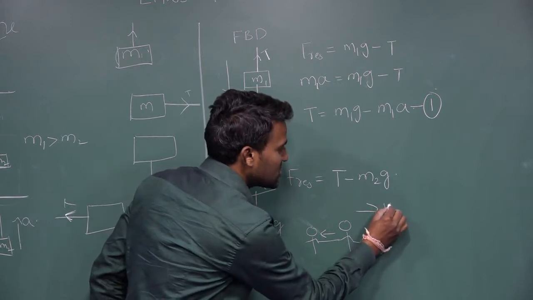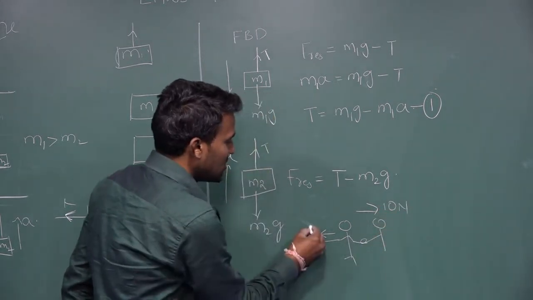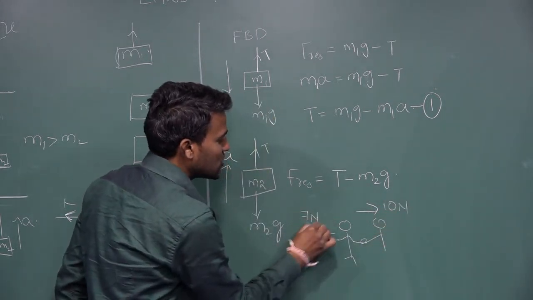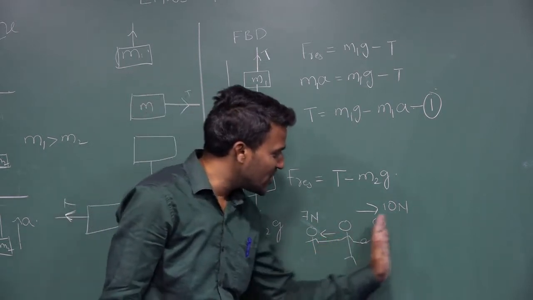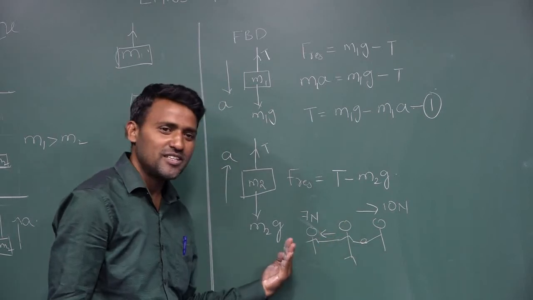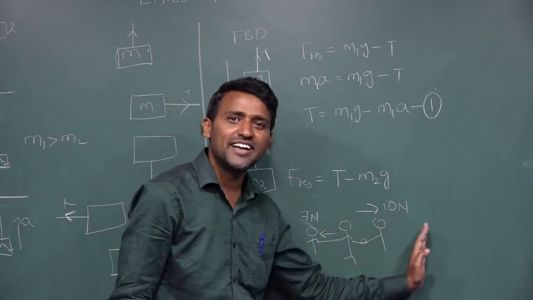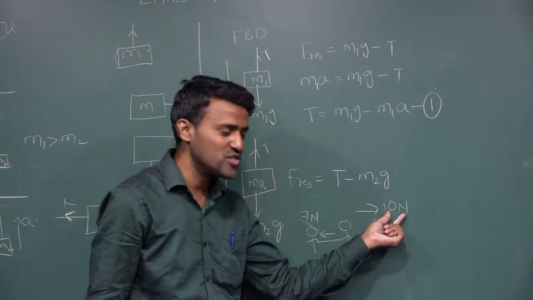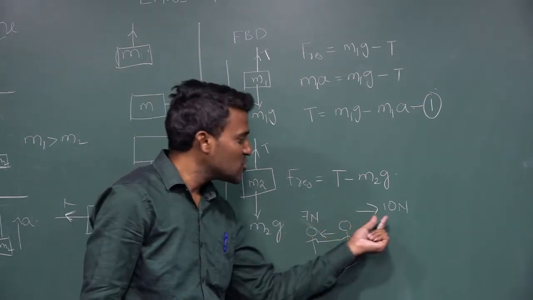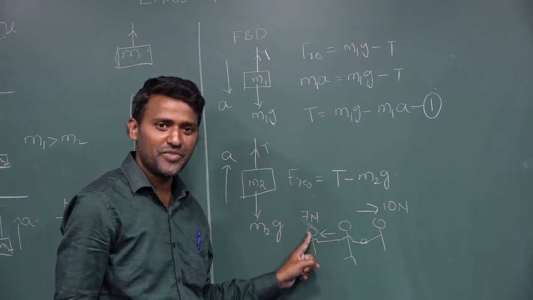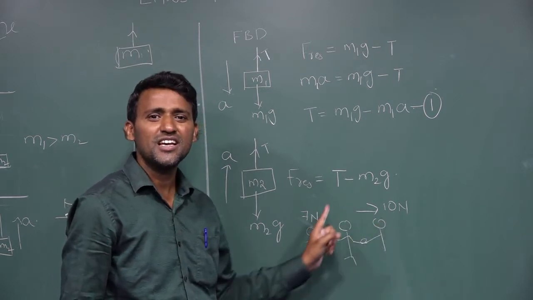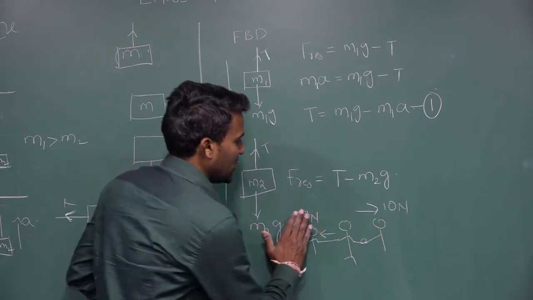For example, this person is pulling with 10 Newton force, and that person with 7 Newton force. Now, will the middle person move towards the right side or the left side? The person will move towards the right side, because that is the greater force and this is the lesser force. So the resultant force is 10 minus 7, greater force minus lesser force. Okay, fine.